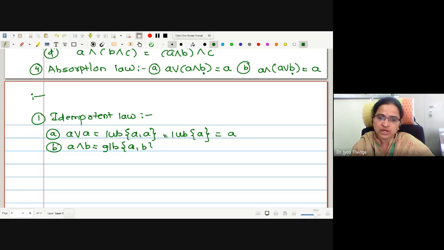A meet A is the greatest lower bound of A and A. Therefore, this is the greatest lower bound of singleton set A. Therefore, this is A. Right? First property true, obviously true. Next, let us go for proving commutative law.